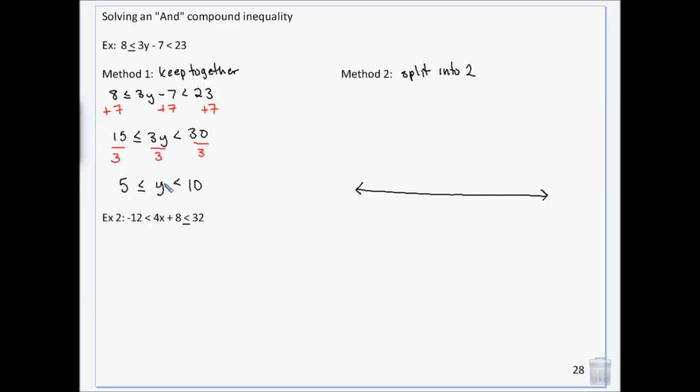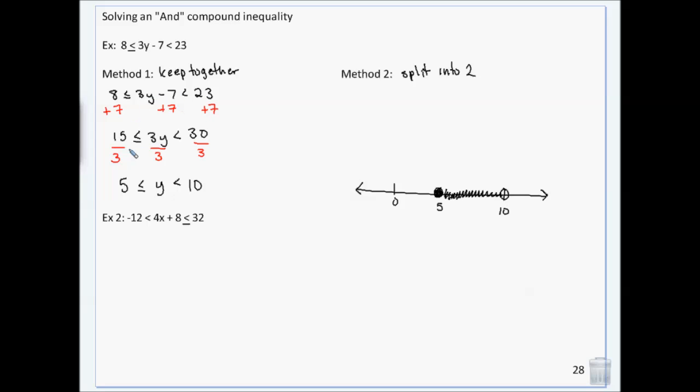It's built in. You shade the part where the y is, and that's in the middle. So that's kind of nice. So 0, 5, 10, less than or equal to, less than, and the y is what's in the middle.